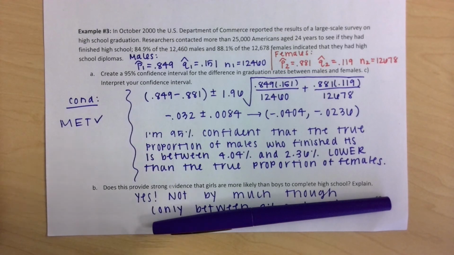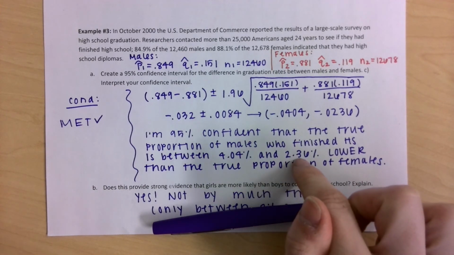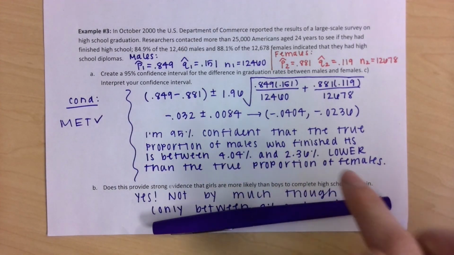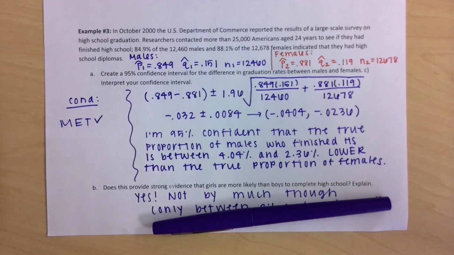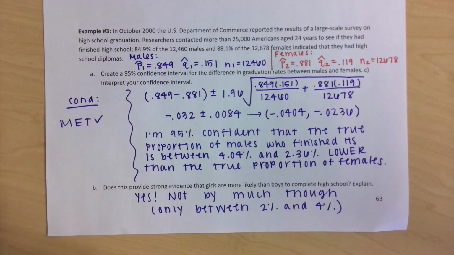You may have it switched, in which case you would be saying that the true proportion of females who finished high school is between 2.36 and 4.04% higher than the proportion of males who finished high school. Part B said, does this provide strong evidence that girls are more likely than boys to complete high school? I said yes, but not by much, because it's only somewhere between 2% and 4%.